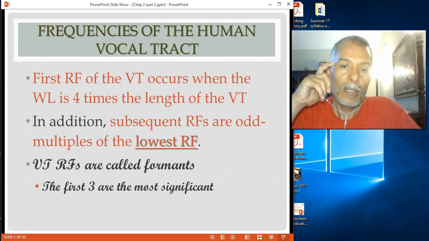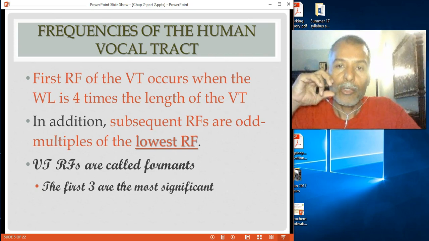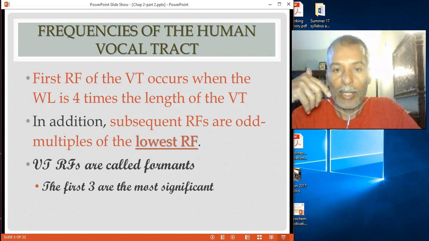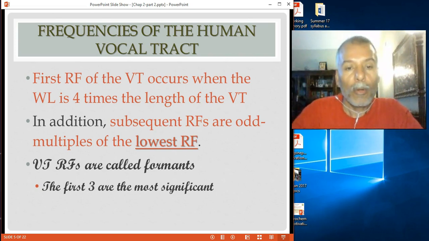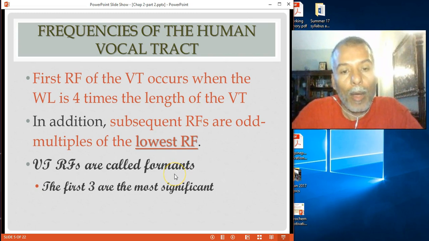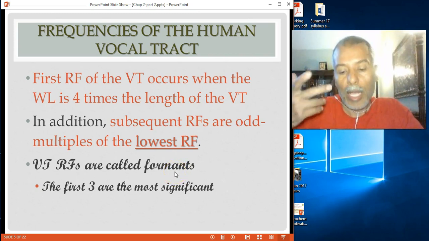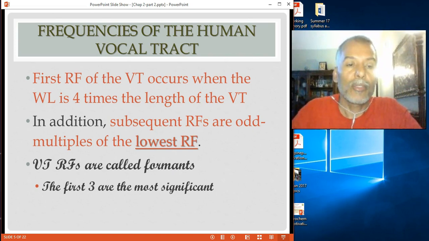What is left, the vibrations that the vocal tract is going to leave and enhance, are called formants. So the formants are the enhanced vibrations that are echoed, that are played by the vocal tract.